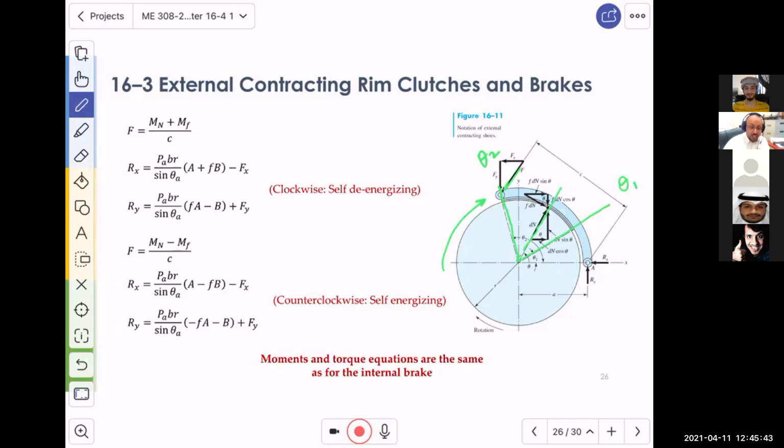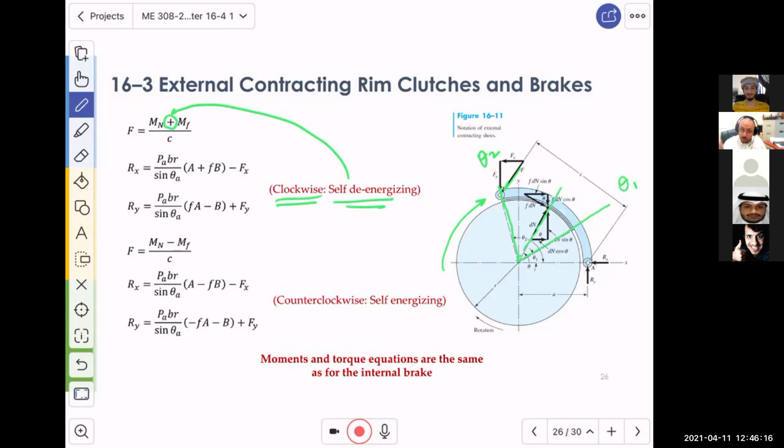Therefore, a clockwise in the internal was self-energizing. A clockwise here is self-de-energizing. It's opposite. And the equation will accordingly be the actuating force for a clockwise will be Mn plus Mf divided by C. You see that?